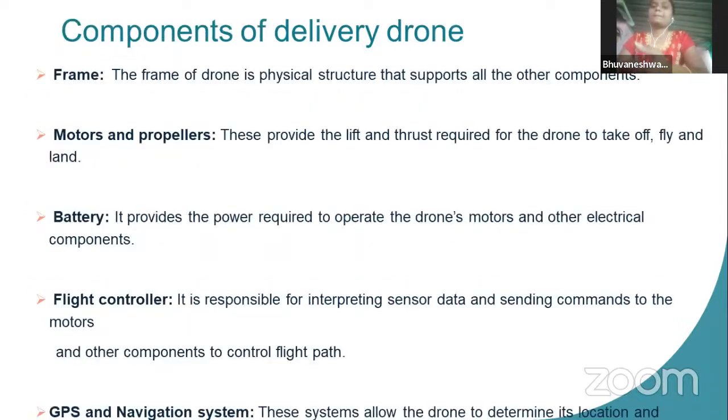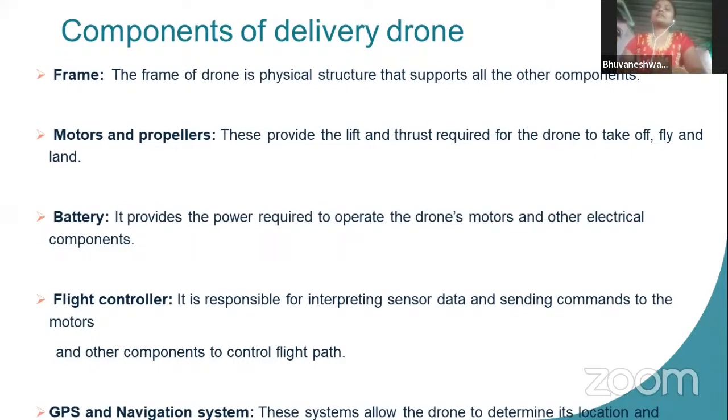Next slide, ma'am. When we see the components of a delivery drone, there are so many components. Firstly, the frame. Frame is a physical structure which helps the delivery drone support all other components. It is like a basement for a house. And then motors and propellers.